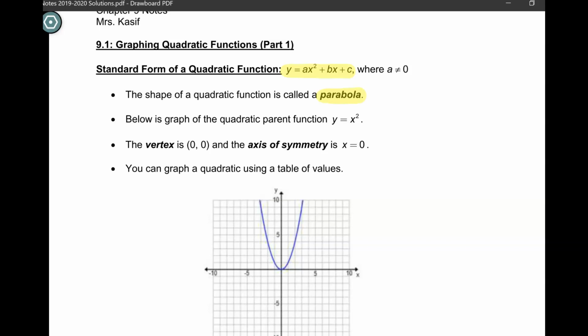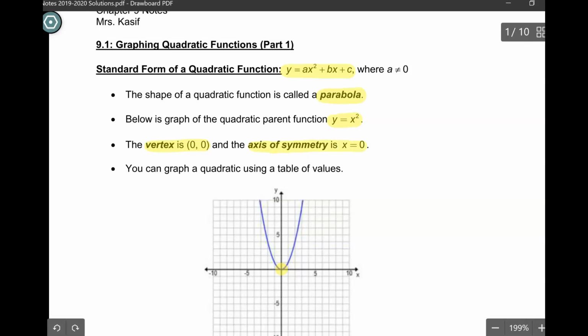Below is what we call our parent function, which is just our basic y equals x squared with no other values. We have what is called a vertex, which is at 0, 0. So think of that as like our starting point, or where the bottom of that U would be. And then we also have something called the axis of symmetry, which is y equals 0.